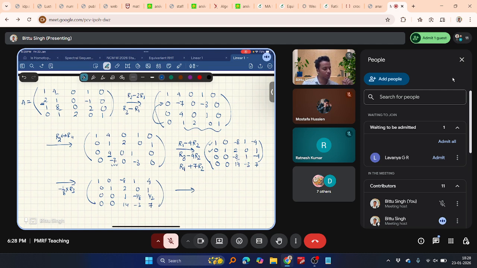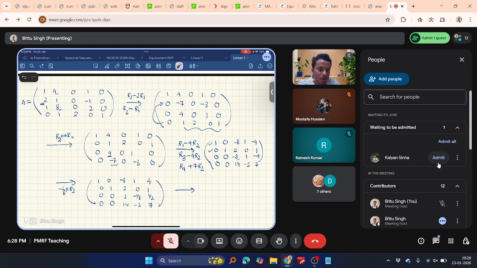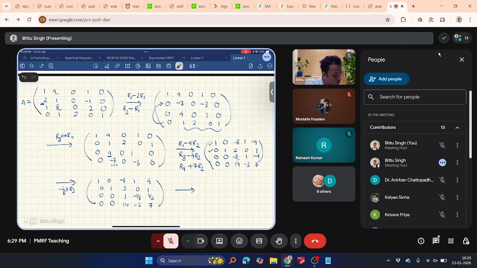Our job is to remove all the other non-zero entries in this leading one's column. We want to remove all those minus 8, 2 and 14.